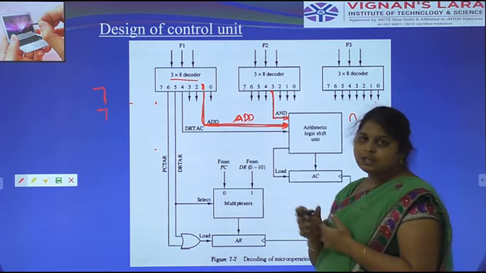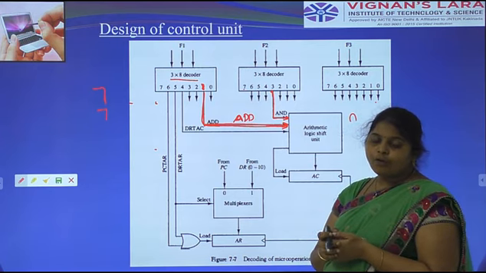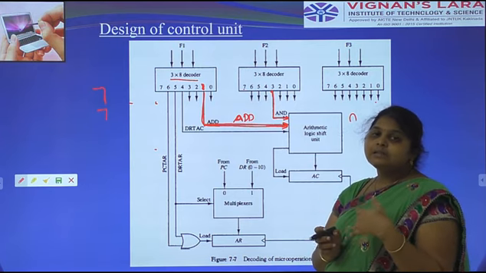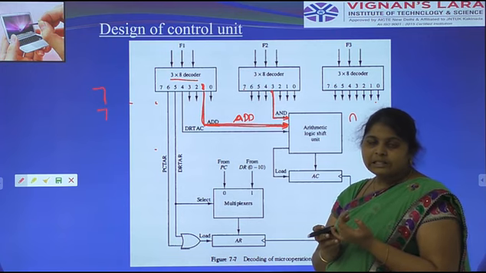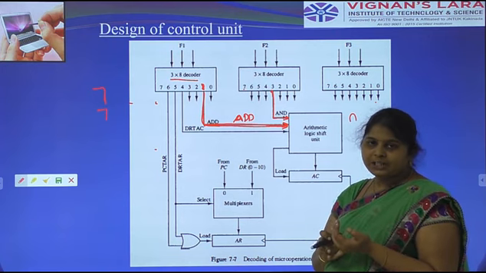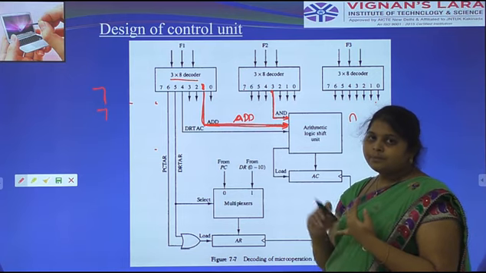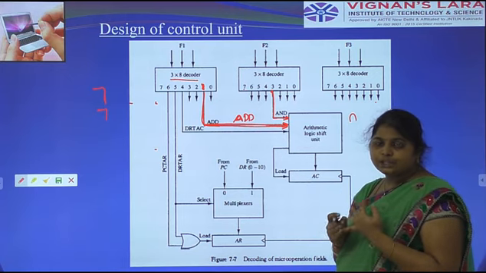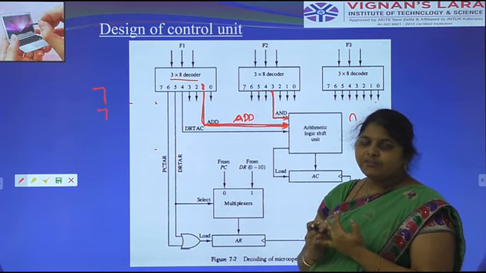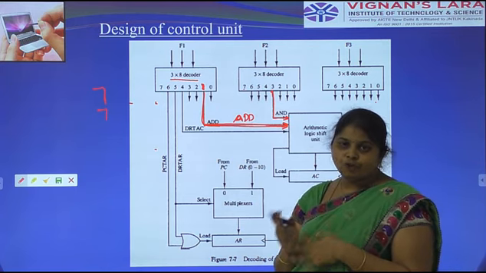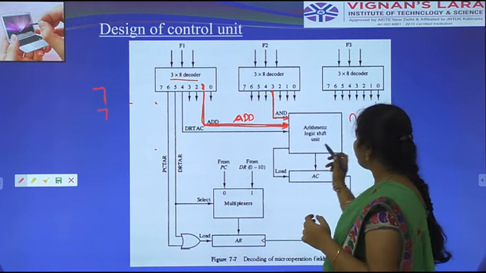Next, coming to the logic operations: clear, compare, exclusive OR operation. These come from the logic operations. Next, coming to the shift operations: shift right, shift left, shift right rotate, shift left rotate. These are the shift micro operations.